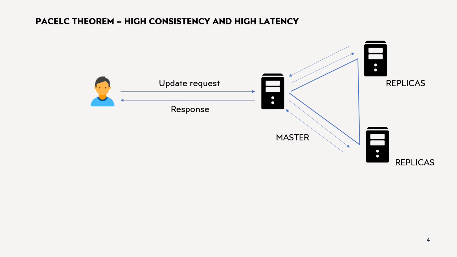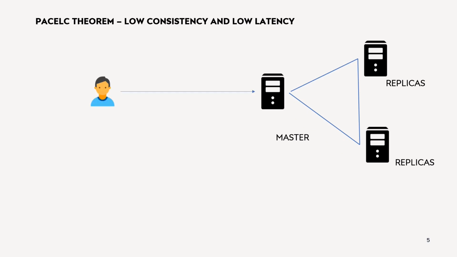On the other hand, if you want your customer to get a response in no time, then you have to let go of consistency, because you have to make sure the response is quick. Suppose you have the same setup, one master and other replicas. Whenever a user sends a request to your system, the master server will process the request and send back a response right away.